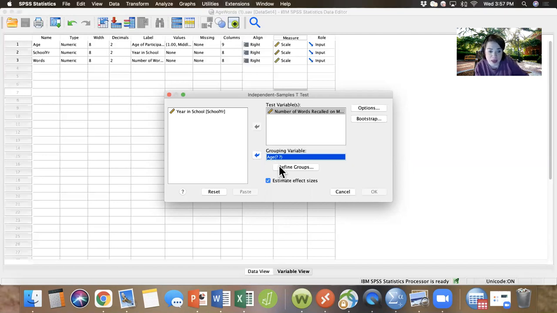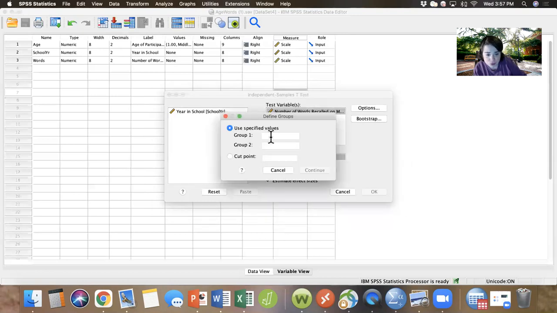So essentially what we have to do is tell SPSS which number corresponds to which level. Okay, so we're gonna go ahead and do define groups, and all we have to do is give SPSS the numbers that we've used, right?